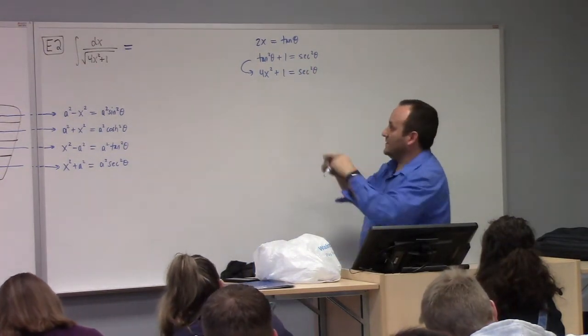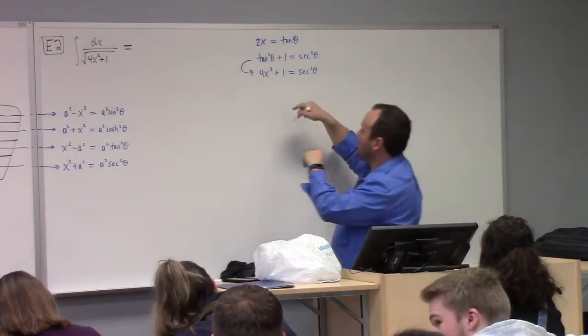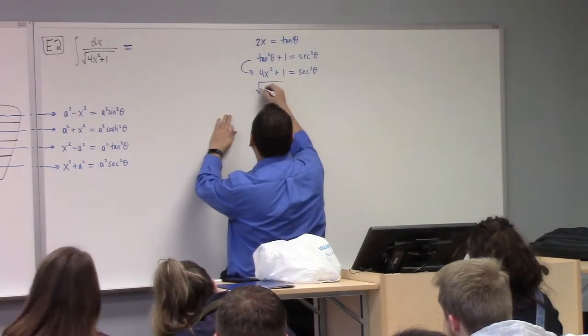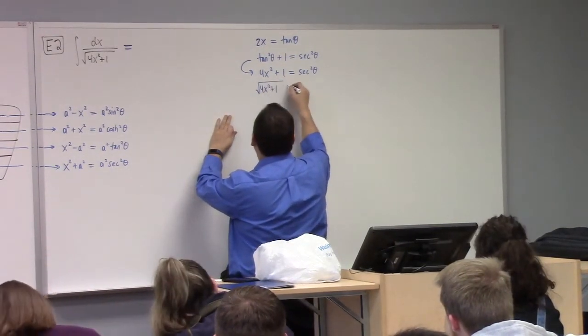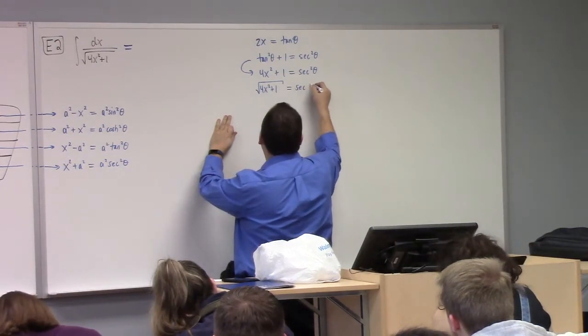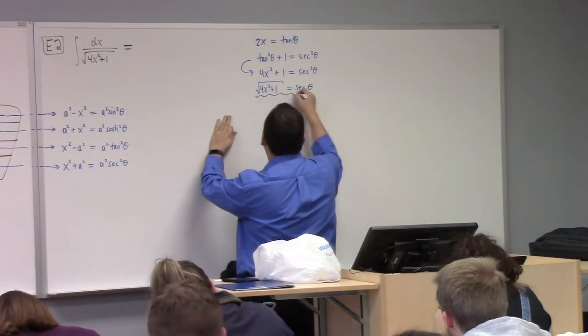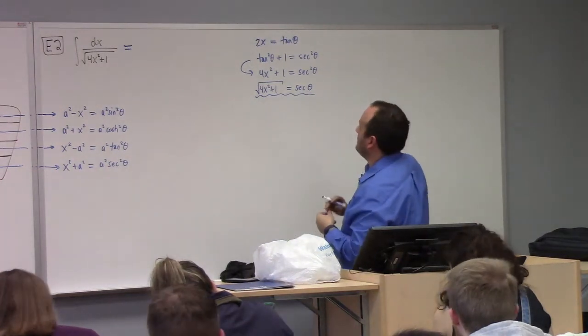And that's what we're facing, 4x squared plus 1. So this says, among other things, that the square root of 4x squared plus 1 is equal to secant theta. This is very nice.